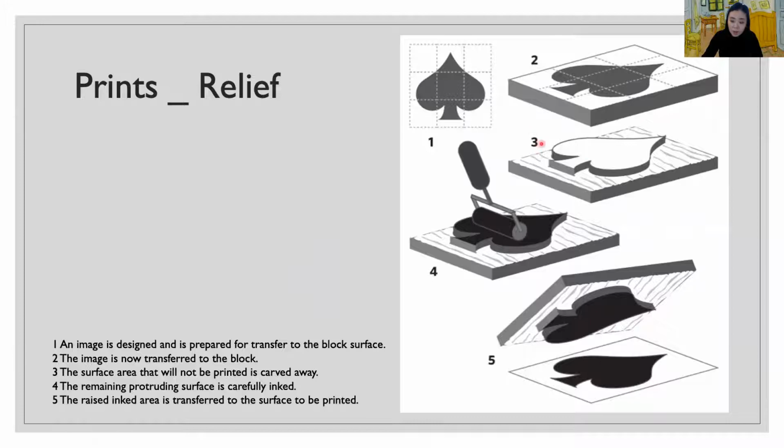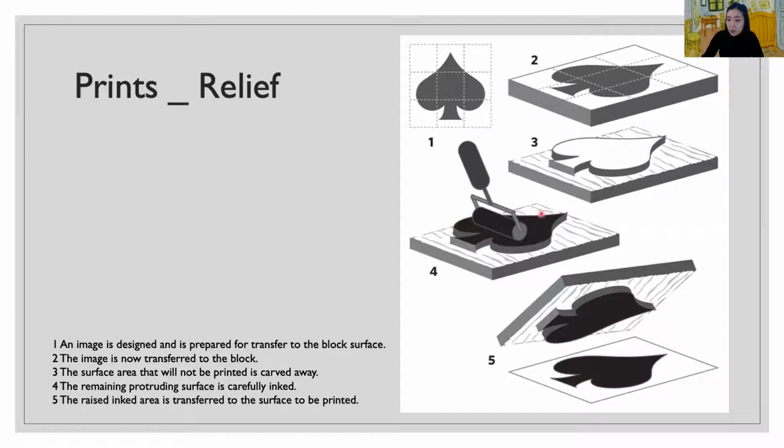And then step 3, the surface area that will not be printed is carved away like this. So in that case, the artist removes all the background part except for the image area on the block.